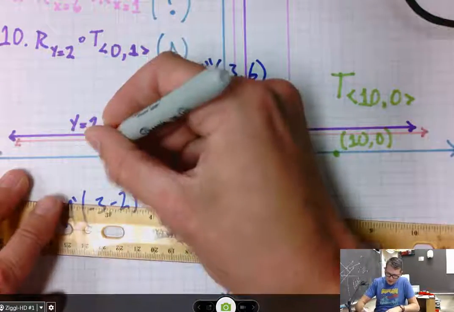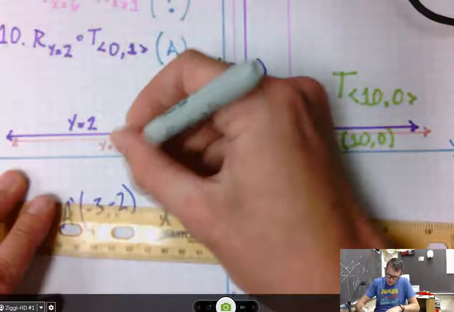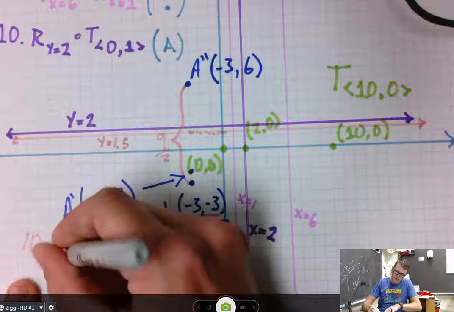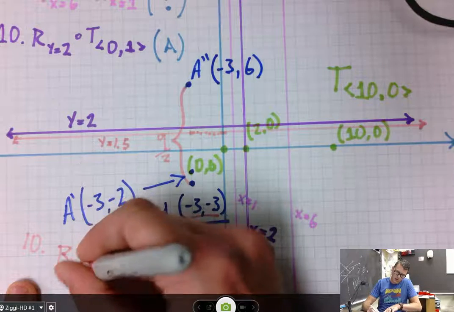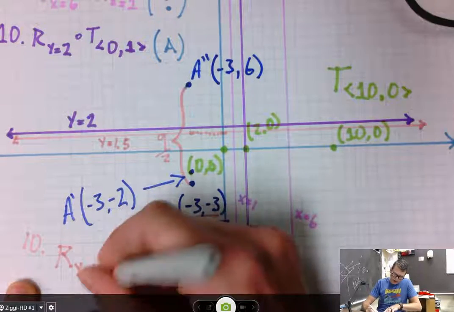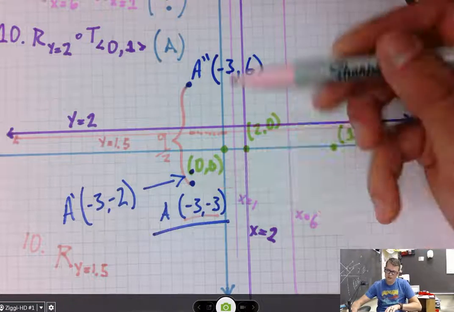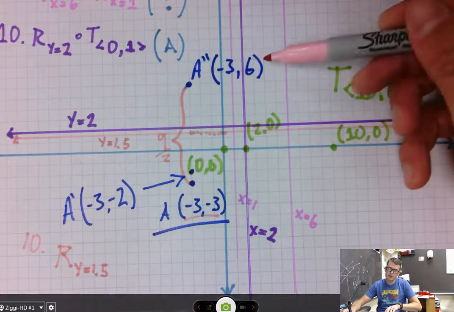And that is at y equals 1.5. So we can then answer 10 by saying we are going to reflect over the line y equals 1.5, and that would get us from our original point of -3, -3 to our double prime point of -3, 6.